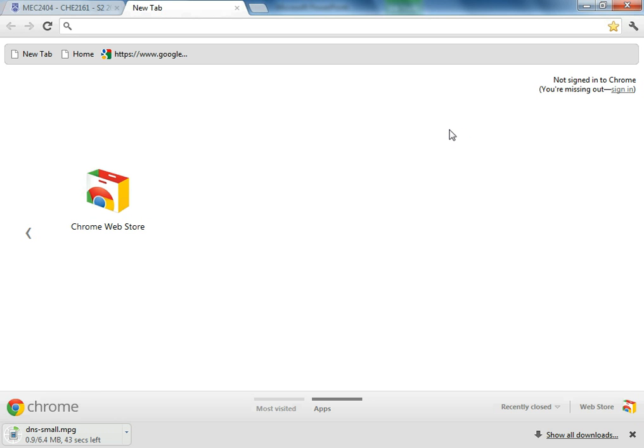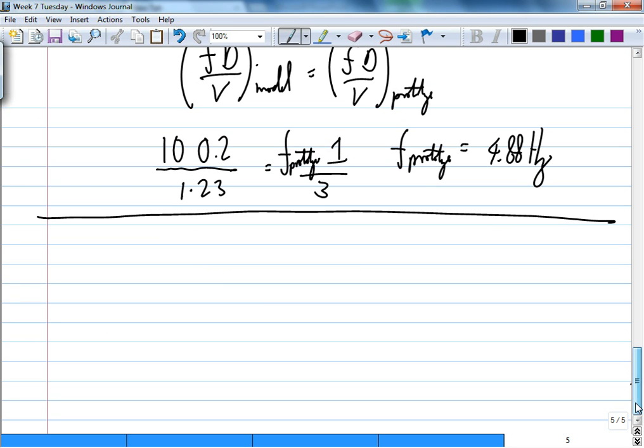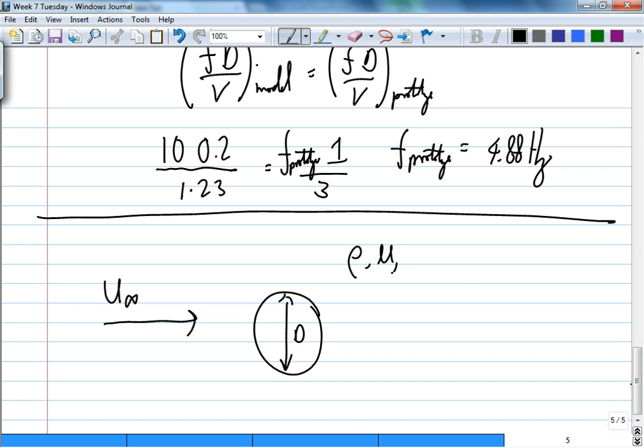So simple problems like flow past a cylinder have basically been studied a lot already. In this case, you have flow coming in here, U, the free stream velocity, the diameter of the cylinder, and flow properties rho, mu. Anything else? Normally that's about it. Newtonian flow.